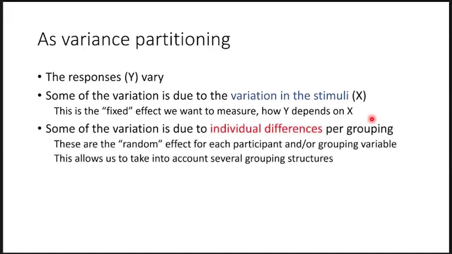Some of the variation is due to individual differences per grouping, right? So if we have a lot of trials from subject A, a lot of trials from subject B, some of the variance will be because of the difference between A and B. But this is not what we want to measure, okay? And this extends if you have multiple grouping levels. You can have, for example, different mice, but also different mice from different litters, right?